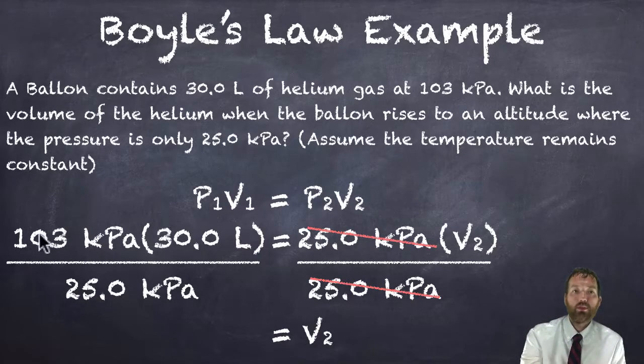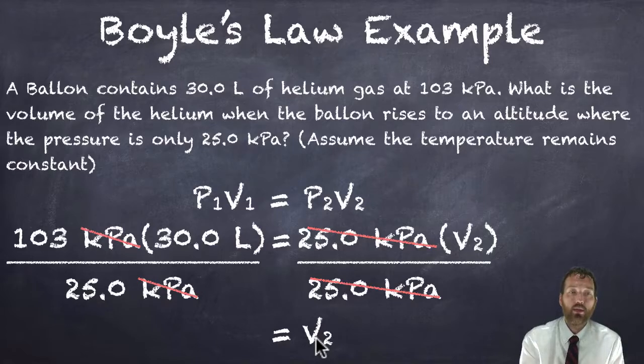So V2 is equal to 103 kilopascals times 30.0 liters divided by 25.0 kilopascals. I like to write the units like I did here because I can see that kilopascals and kilopascals cancel. I'm left with liters, a unit of volume, so that tells me I've probably set it up correctly. It's time to go to the calculator.